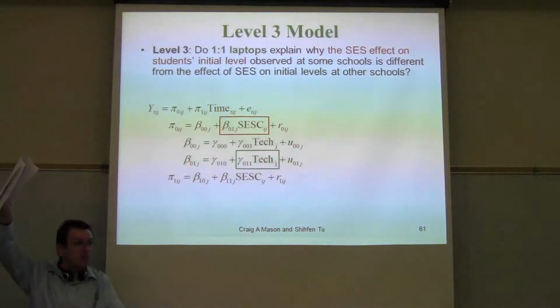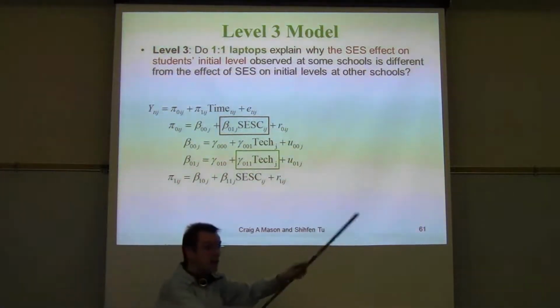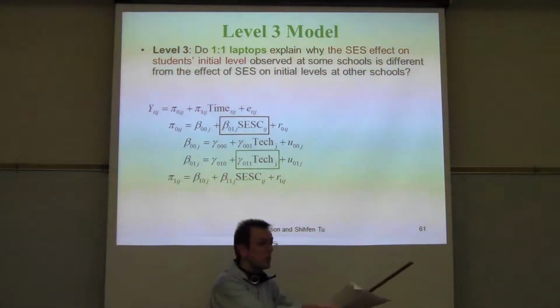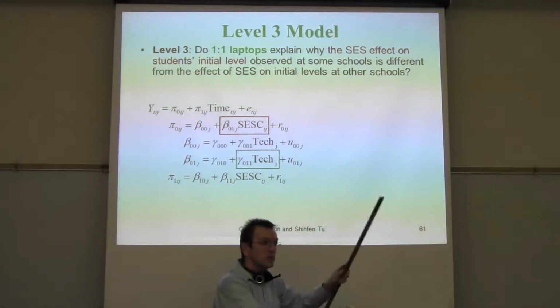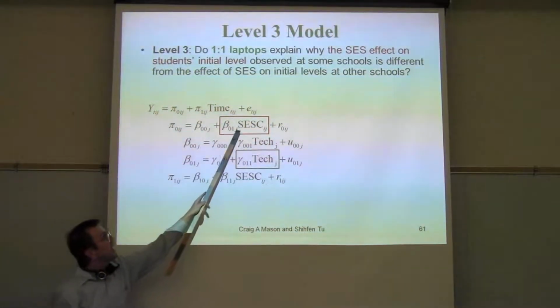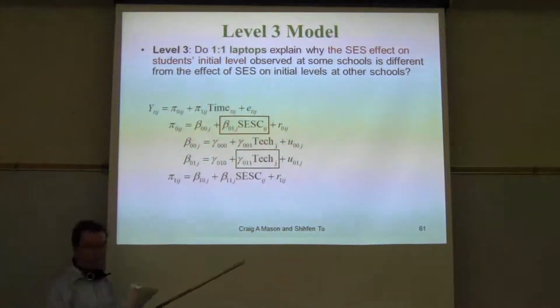High SES kids come in really high, low SES kids come in low. In other schools, all the kids are coming in about the same. You know, they've got some great preschool programs. All their kids are coming in about the same, ready for school. So are there those differences? That's what beta 0, 1j was, the SES effect on those initial levels.